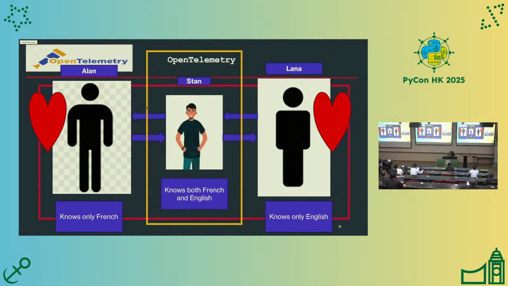So Alan finds a friend, Stan, who knows both French and English, who is able to understand both. And now their communication is possible. So in this case, Stan is an interface between Alan and Lana, because this is a point at which two different systems come together and communicate with each other.